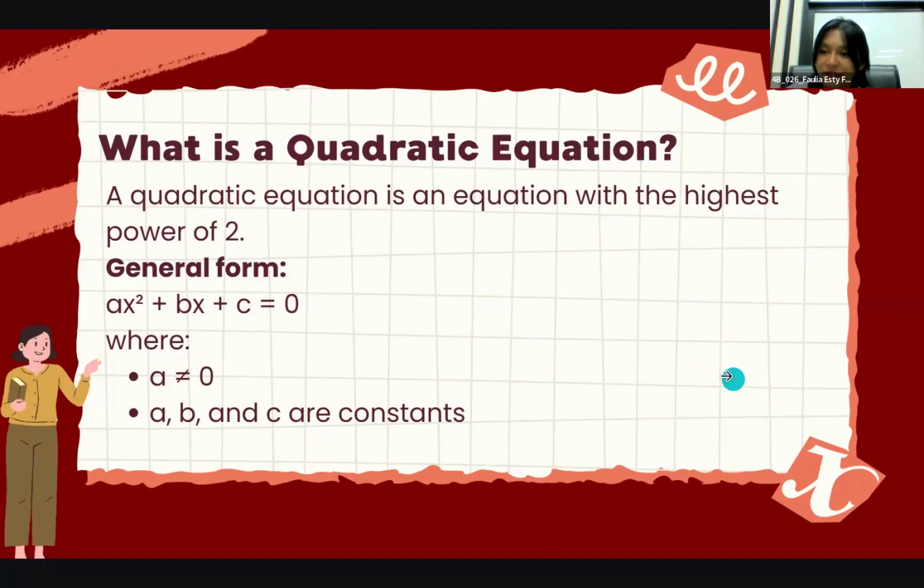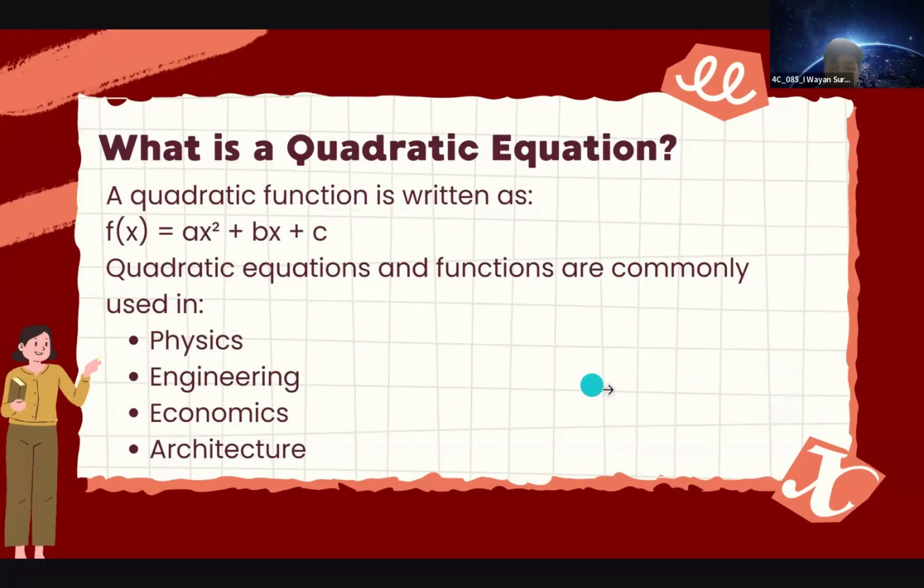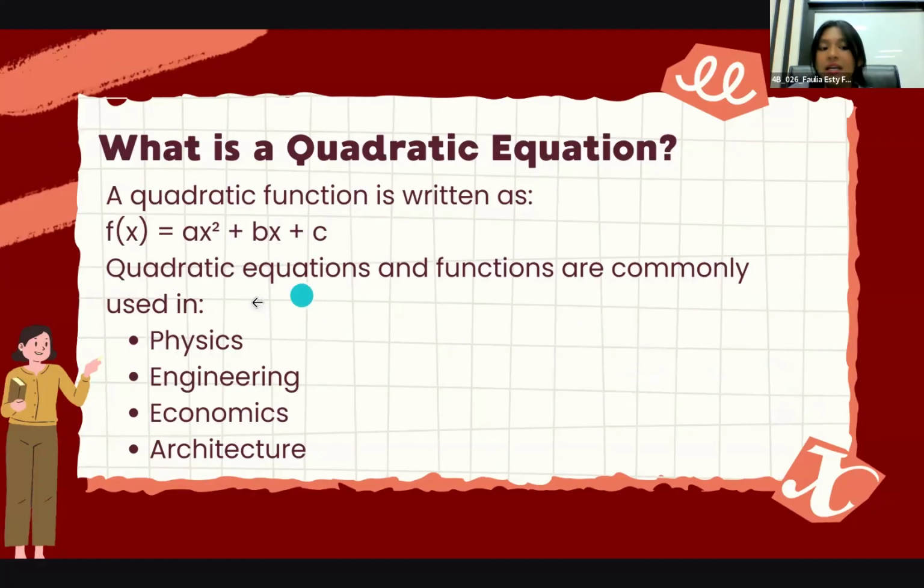Do you understand, student? Yes, Miss. Okay, excellent. Next, a quadratic function is written as f of x equals ax squared plus bx plus c. This function is used in physics, engineering, economics, and architecture.